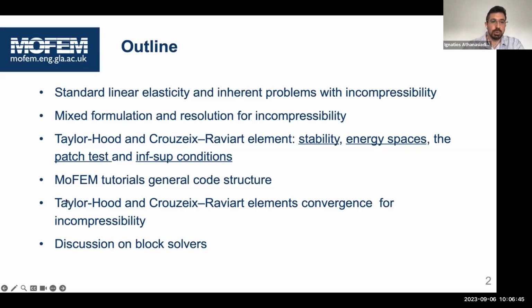Then I'm going to show you some general features of the MoFEM code that is used throughout the tutorials. And finally, I'm going to show the convergence for a particular problem of incompressible linear elasticity for Taylor-Hood and Crouzeix-Raviart elements, and the possibility of using block solvers for this class of problems is going to be briefly discussed.